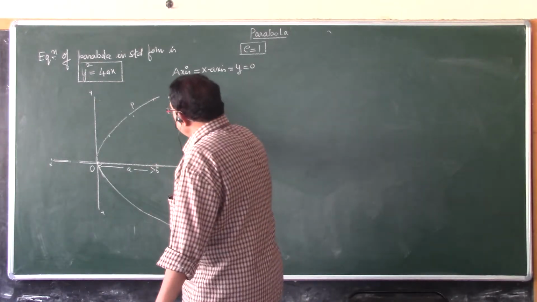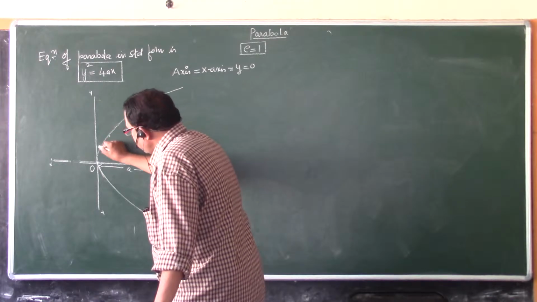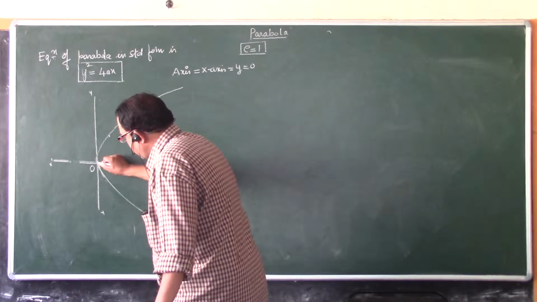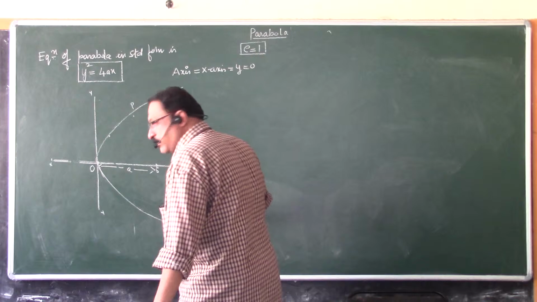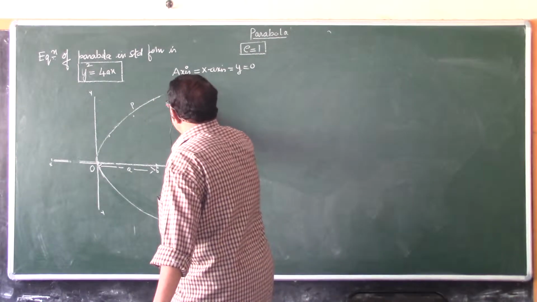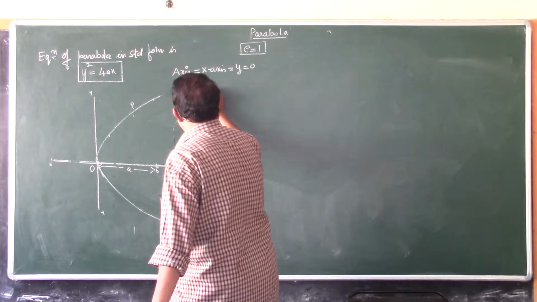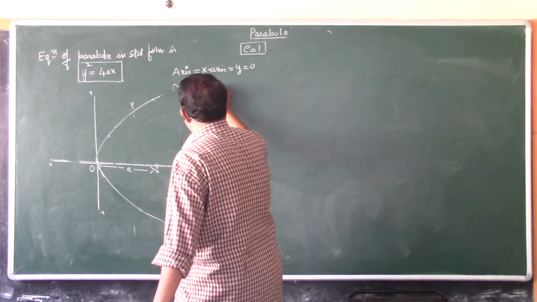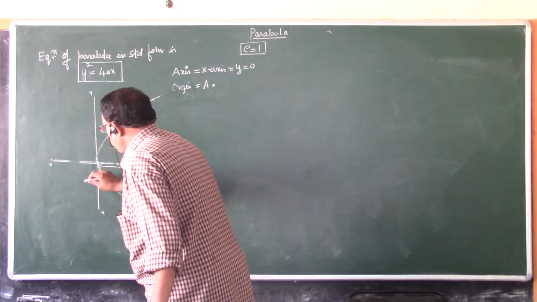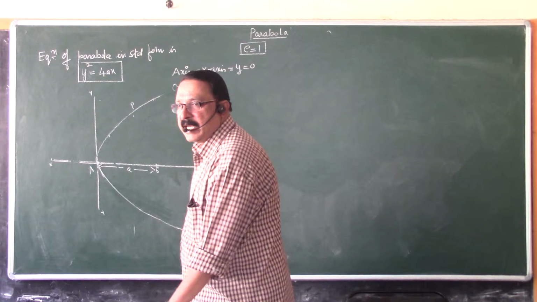Now as the curve comes from infinity, it takes a blunt turn at the origin and proceeds back to infinity. So the point origin, for a parabola, is usually denoted by A instead of O. What is A?